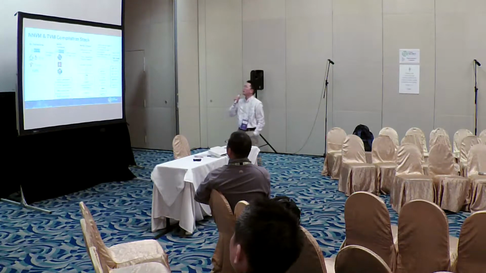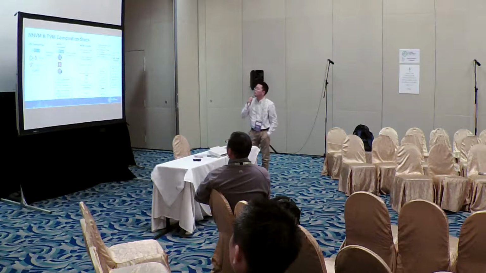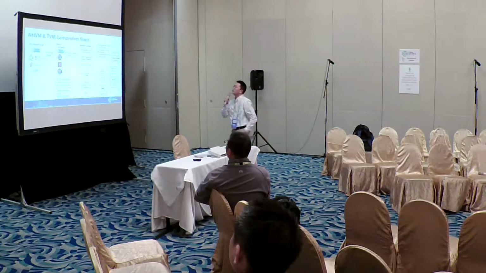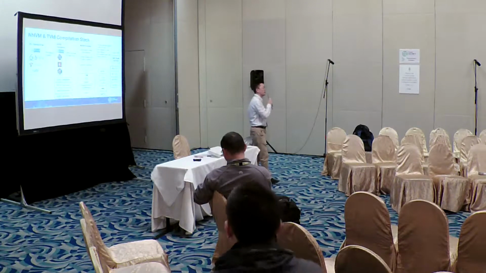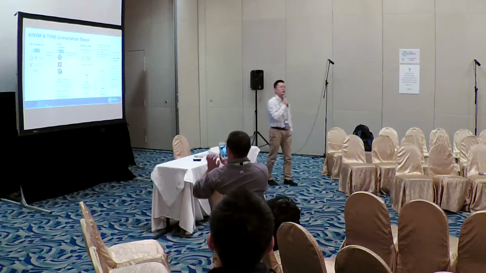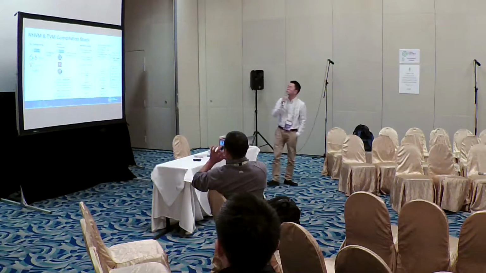Okay, so this diagram tries to explain the compilation stack. We know there are a lot of deep learning frameworks in the world already, right? And there are a lot of model zoos from each framework containing pre-trained models.